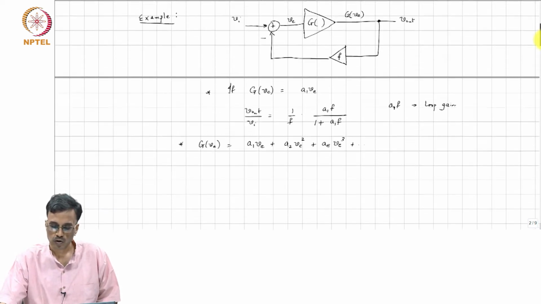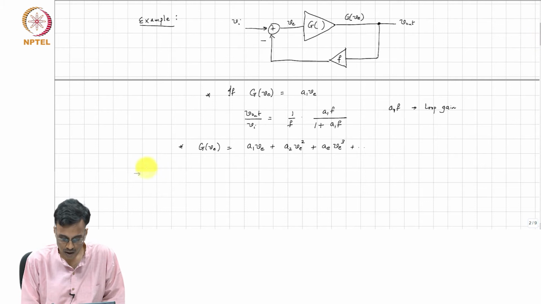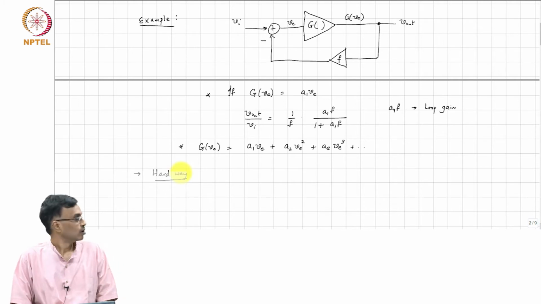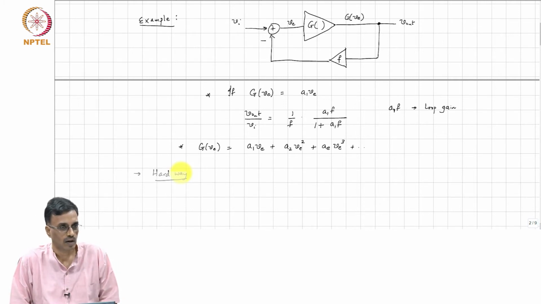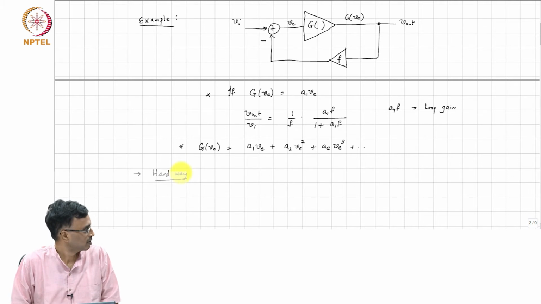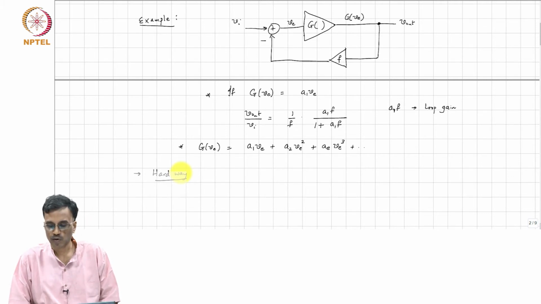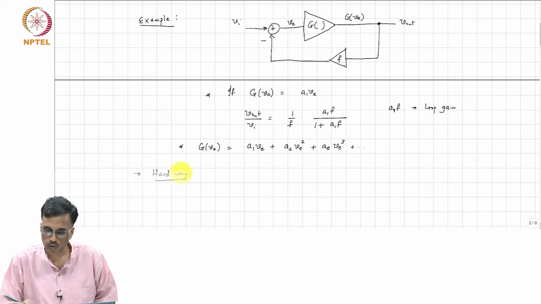Okay. So, what is the hard way? Remember, here there is no memory of any sort. So, everything is memoryless. You do not get nonlinear differential equations, you get just nonlinear equations.